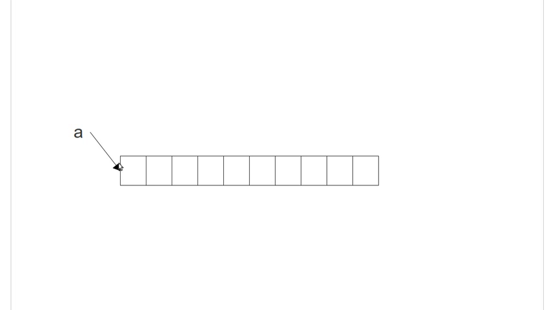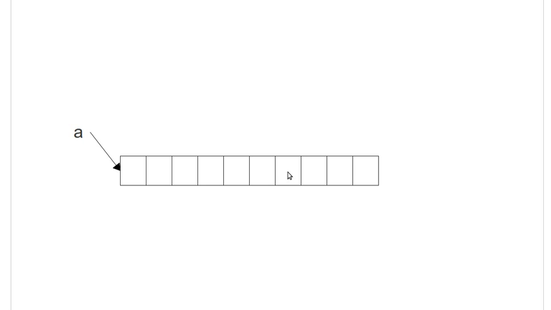You take the location of the first one and add to it however many you want to move down multiplied by the size of each one. So arrays have very fast random access, the ability to go to any single element. You can just do that automatically with an array.